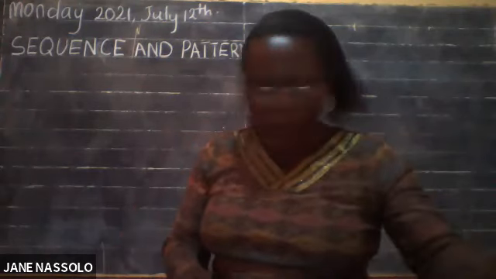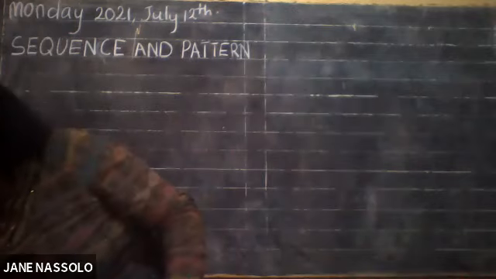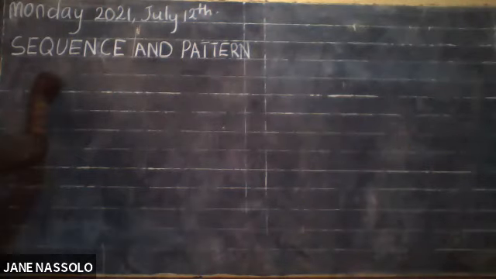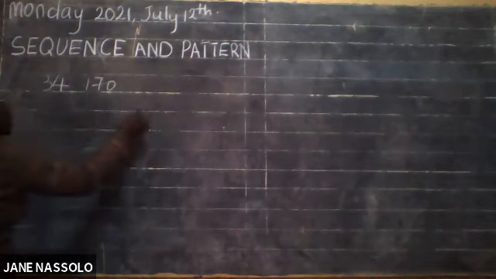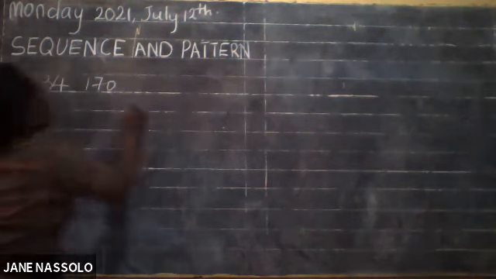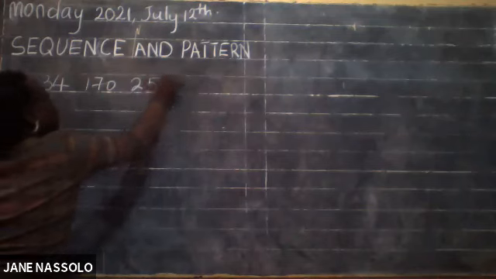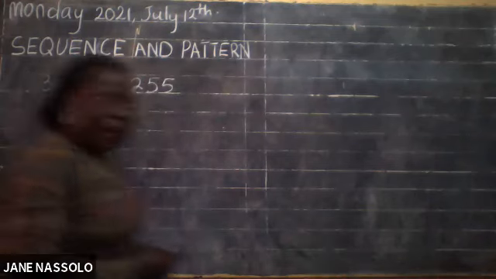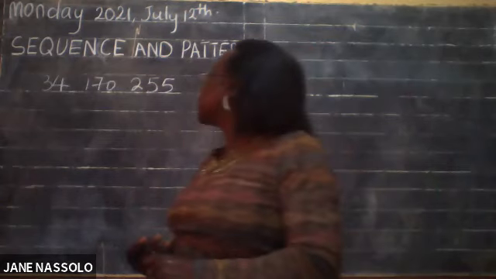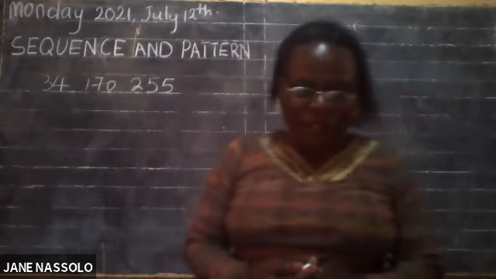Okay, question 10. 3 multiples of a number are 34, 170, and 255. What is the number? 3 multiples of a number are 34, 170, 255.